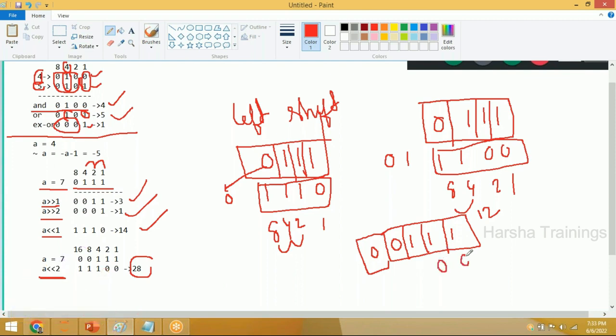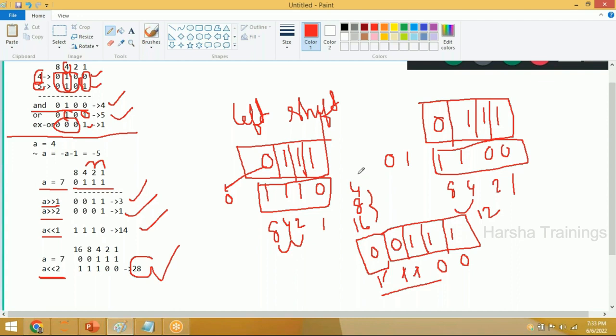These 2 zeros will be added at the right side, and these 3 ones I have shifted to the left. Now this is 11100. This is 16 plus 8 plus 4. This is 16, this is 8, and this is 4. 16 plus 8 plus 4, how much? 28. Is it okay? Can you please respond?